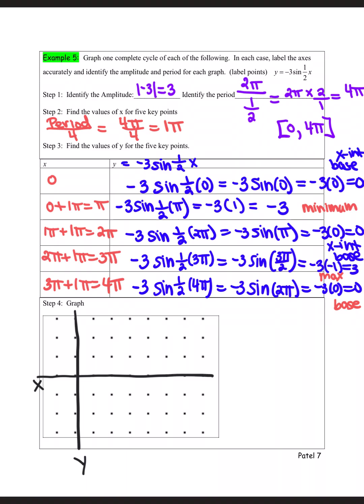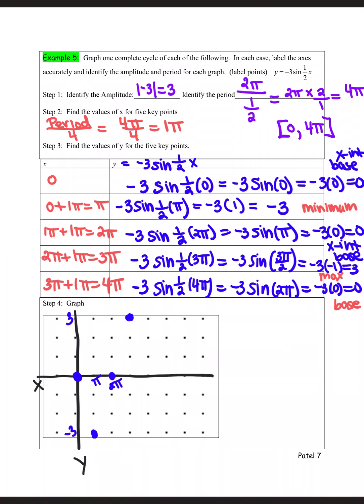So I'm going to start at 0, 0. My next point is at pi, negative 3. Then I have 2 pi, 0. Then I have 3 pi, 3.